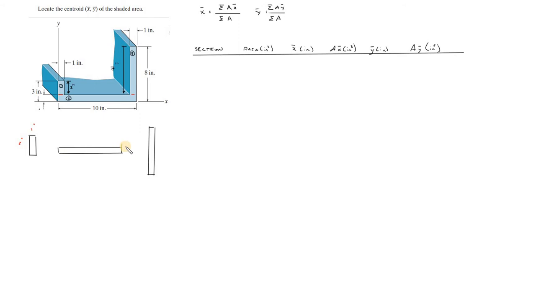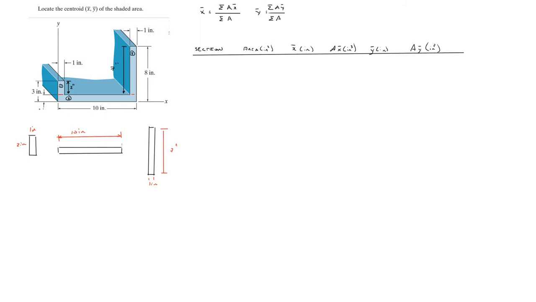This is 1 inch, this is 1 inch, and this would be 10 inches. Maybe I should spell that out. So this is 1 inch, and this is 2 inches, and then this distance is 7 inches by 1 inch.